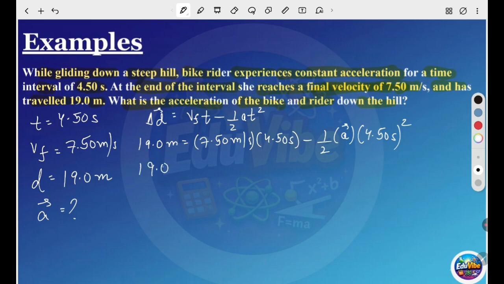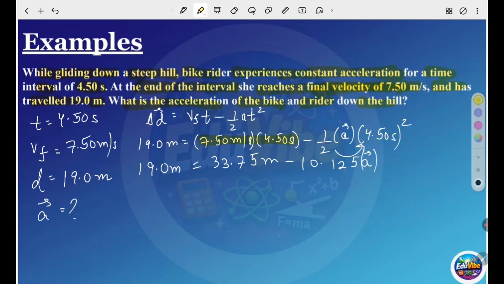So now you have 19.0 meters, but if you solve this, you get about 33.75 meters, because seconds cancel from here, and when you solve the half and multiply by 4.50 squared, you get something about 10.125, and the acceleration multiplies with this. If you need, you can put a bracket for this.